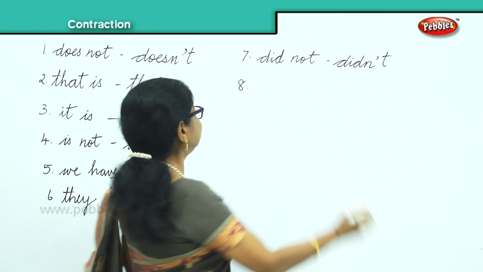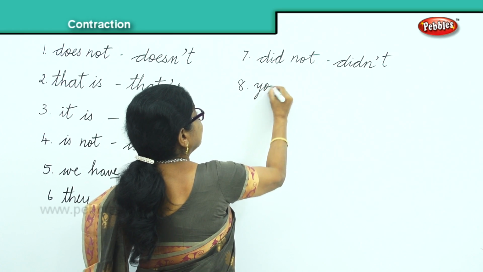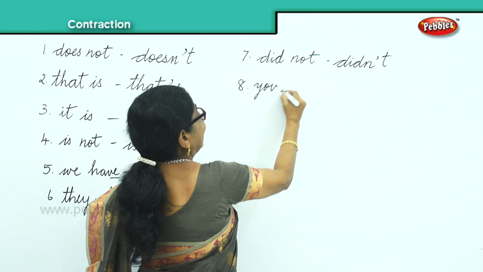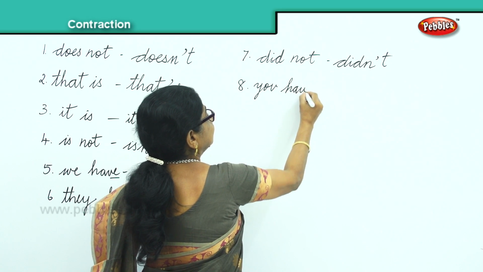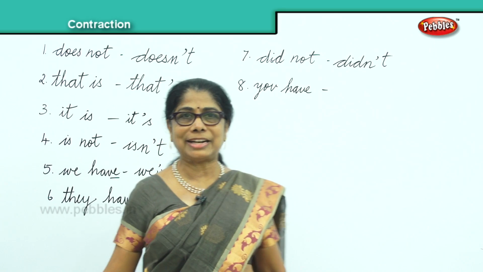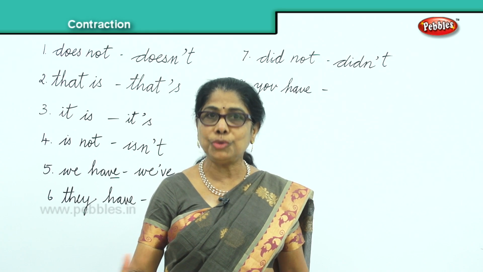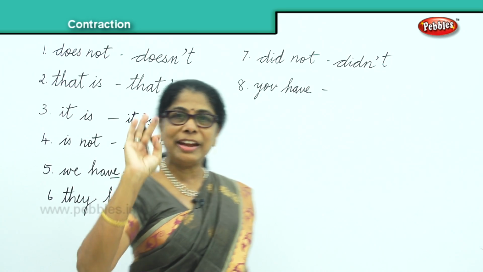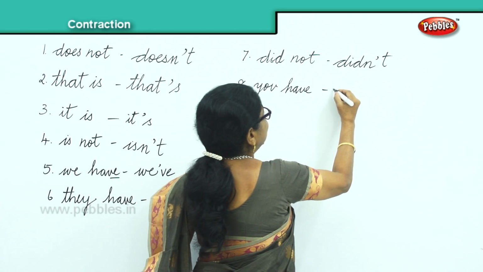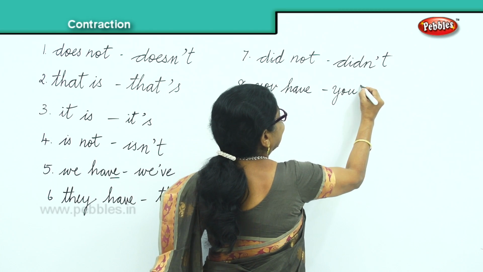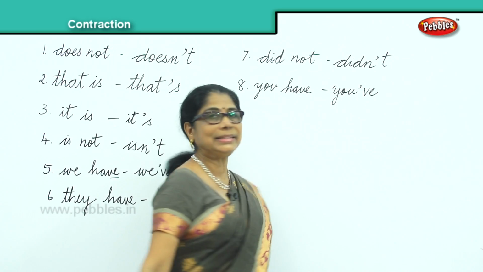Another word. You have. So how will you do the contraction for it? You have. You, and apostrophe, and you write VE. You've. You see that?